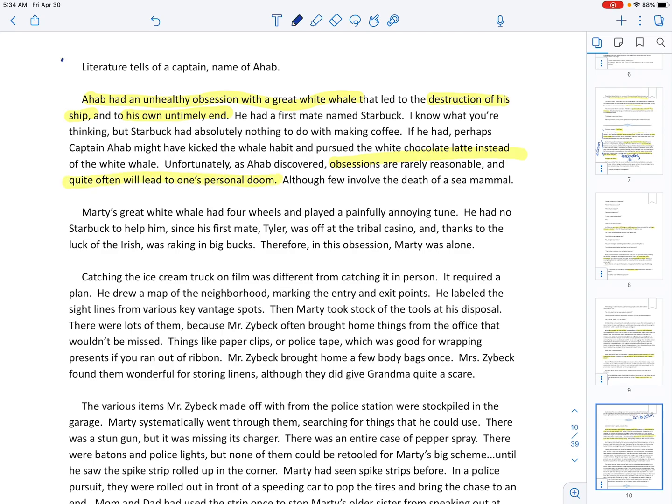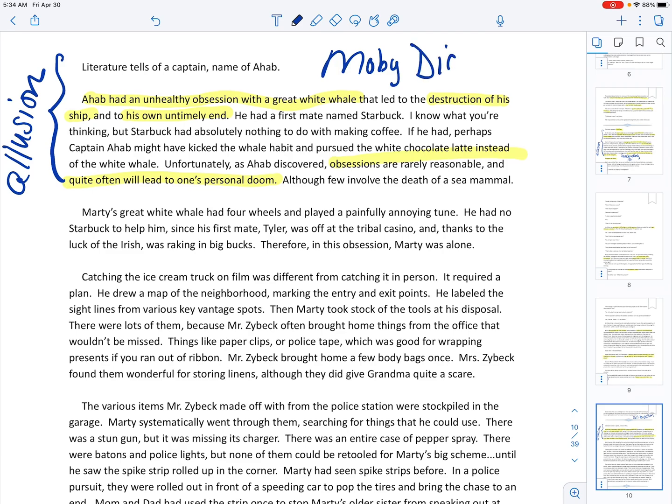This illusion comes to us from the world of literature, and it's a real book. Any idea what it is? It's called Moby Dick. Moby Dick is the name of the whale. Ahab is the name of the captain who wants to kill the whale. And unfortunately, spoiler alert, he doesn't succeed and ends up killing himself instead.